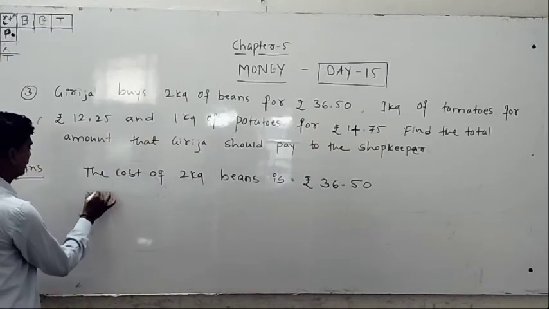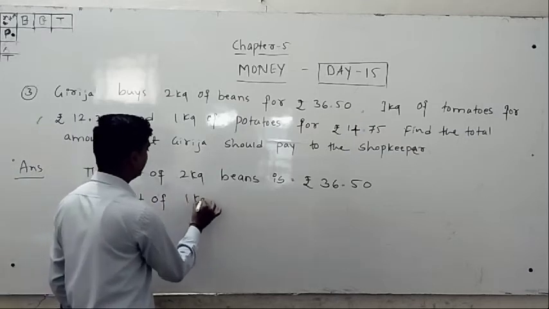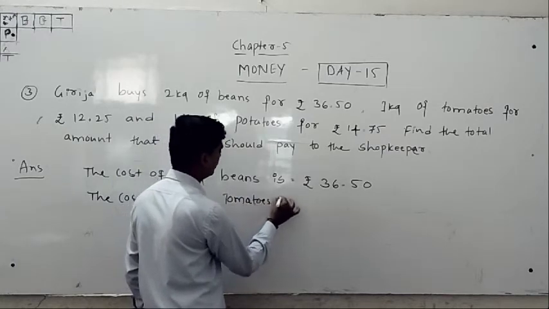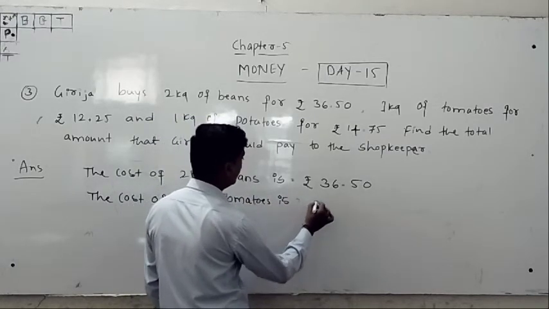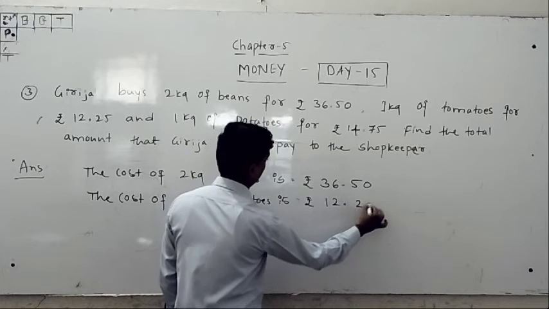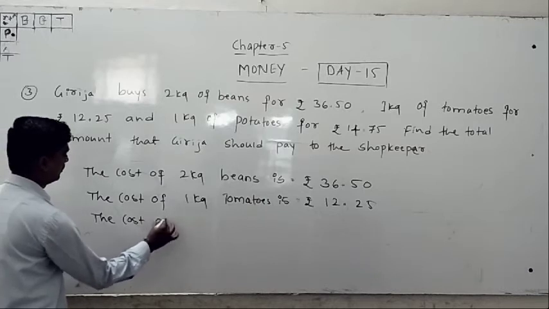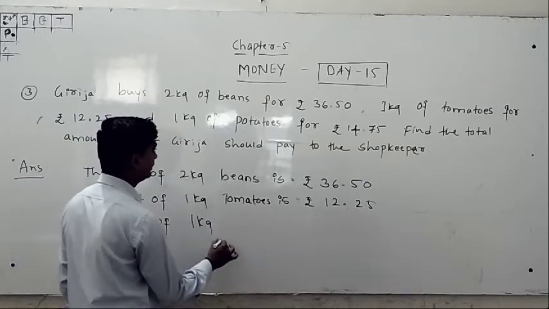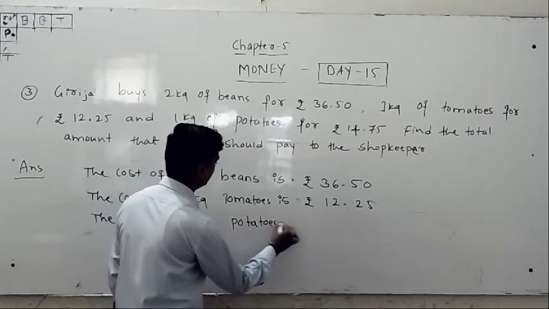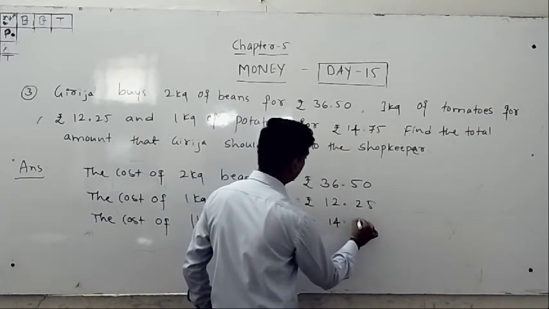Then the cost of 1 kg tomatoes is rupees 12.25. Then the cost of 1 kg potatoes is rupees 14.75.